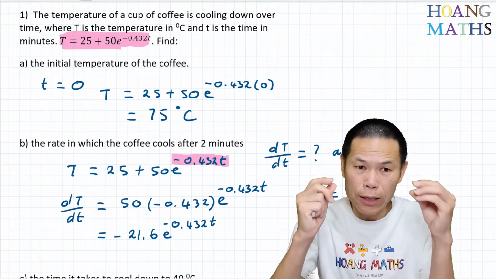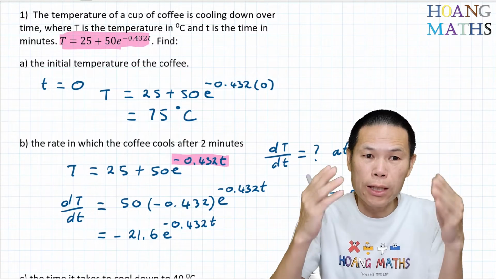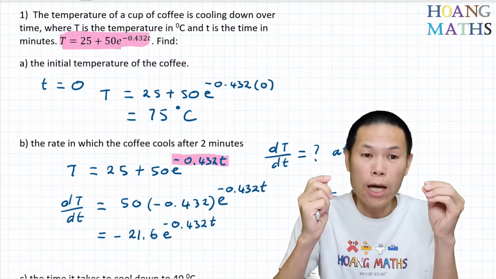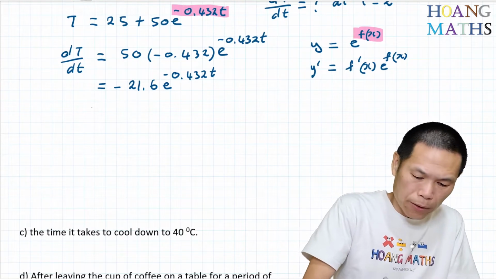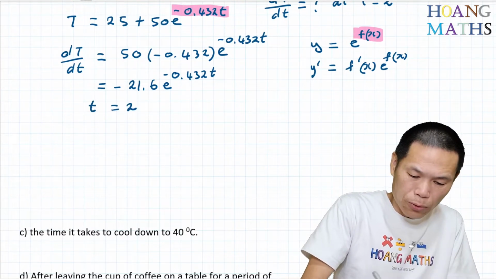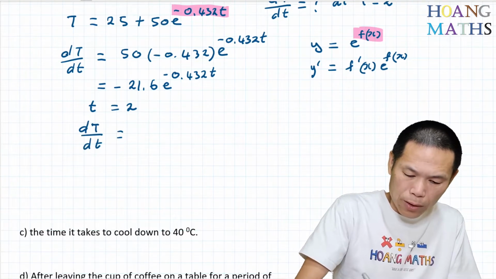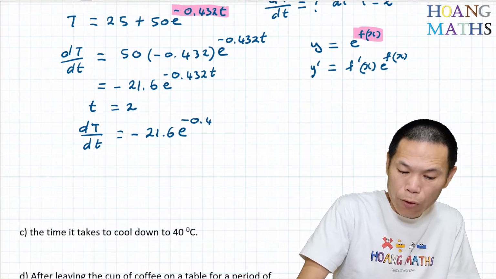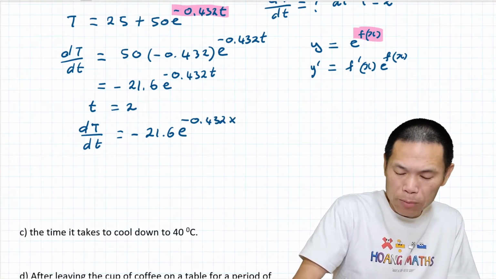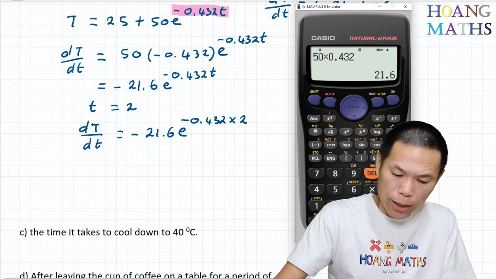But we want to find the rate at t is equal to 2 minutes. So we just substitute t is equal to 2 into the differentiated function. So when t is equal to 2, the rate is negative 21.6 e to the negative 0.432, we times by 2 because t is equal to 2. So now I just put that on a calculator.